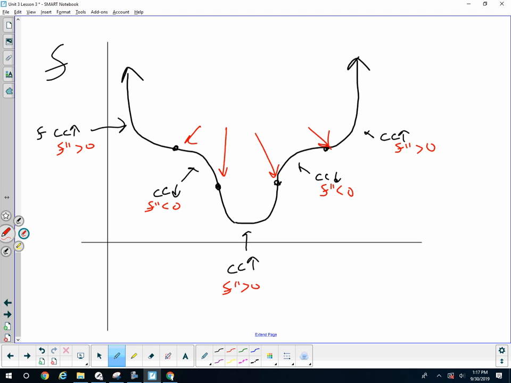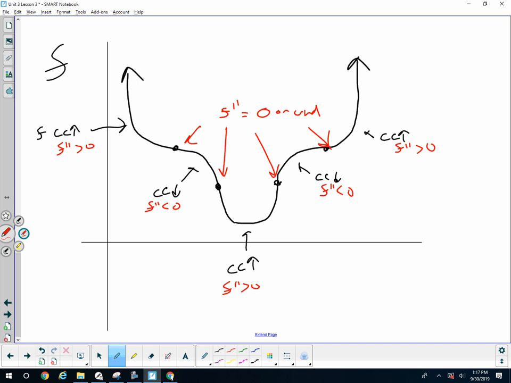If you change from positives to negatives or negatives to positives, what do you have to have between the positives and the negatives and the negatives and the positives? A zero or an undefined. So in this case, for all of these situations, f double prime must be 0 or undefined.